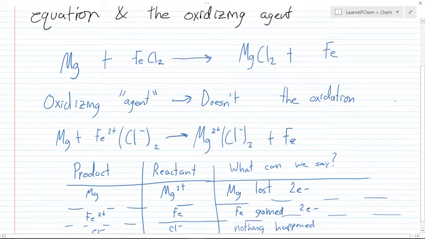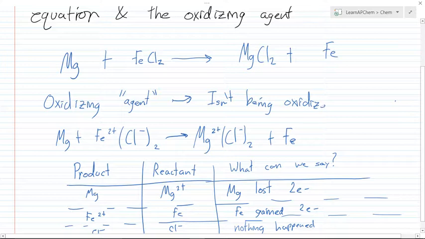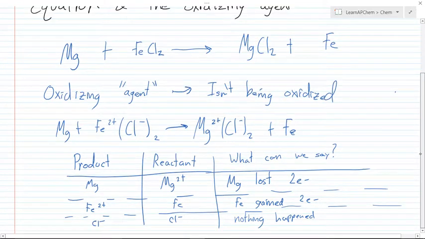Or I'm sorry, the oxidizing agent isn't the one being oxidized. Alright, so we can see that, in fact, Mg is being oxidized and iron is being reduced.